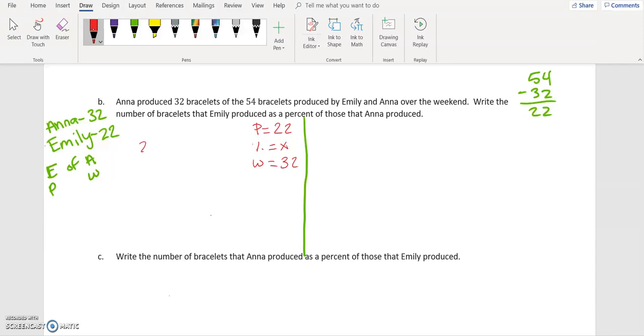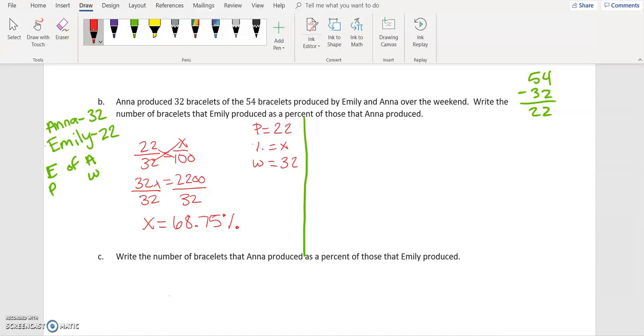So we have our part, 22, over our whole, 32, is equal to x over 100. We cross multiply, 32x is equal to 2200, and we divide both sides by 32. And we get x is equal to 68.75, and it's a percent that we were looking for, so 68.75%.